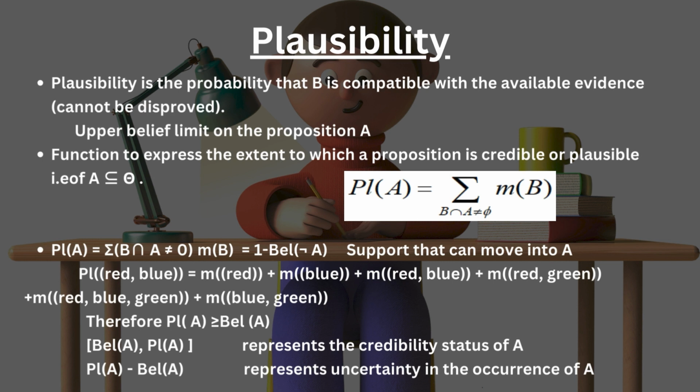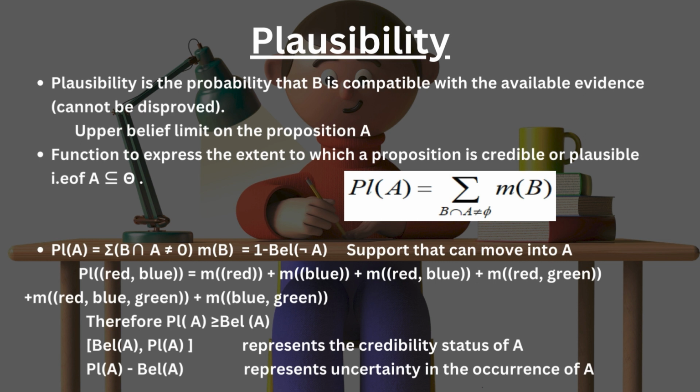So, it is represented as PL and in parentheses A. It expresses the upper belief limit on proposition A. Another way, it represents the extent to which the proposition is credible or plausible. For example, suppose A is the car is red or blue, which is represented as PL of red, blue, it would indicate how credible we find this proposition based on the evidence.